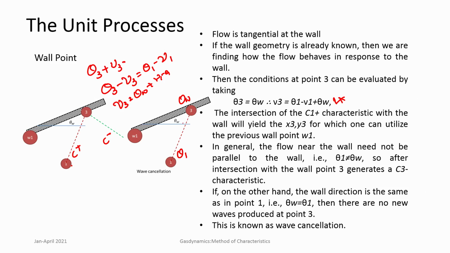So, exactly if at point 3 theta 1 is equal to theta wall at point 3, then there is wave cancellation. This method is used in order to produce very smooth contoured surfaces for supersonic nozzles. Otherwise, in general, if we look at the wall point, we should see whether there is a reflection or not.